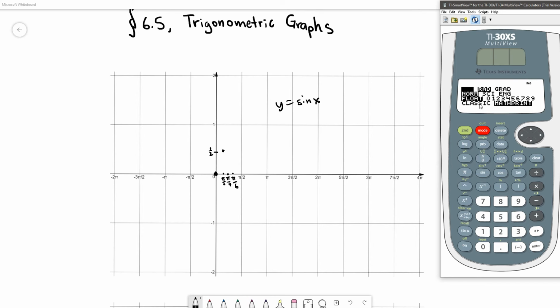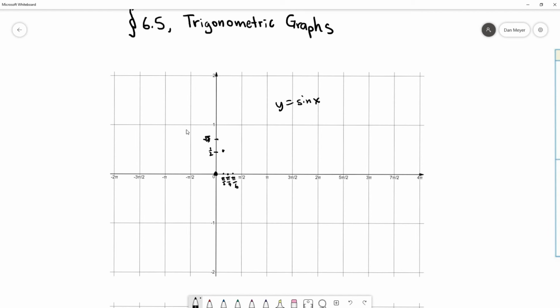That's not helpful. I don't know how you guys use this calculator. All right, square root of 2 over 2. Yay. It's about 0.7. All right, so almost 3/4 of the way up.